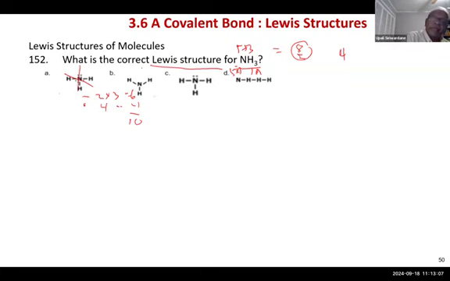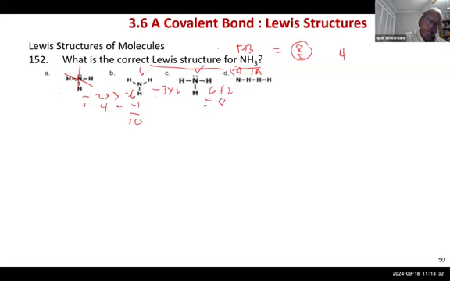This one has only 6 electrons. There are 3 lines, and 3 lines means 6. If you look at this one, 3 lines is 6, plus 2 is 8.